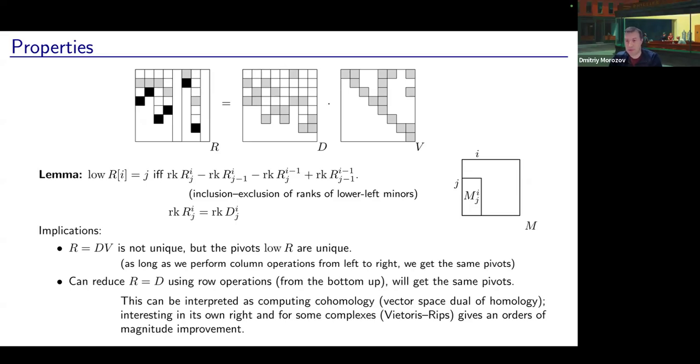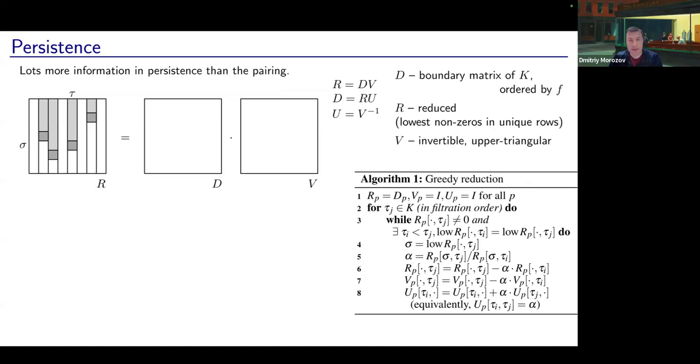Okay, let me move on to the next slide. So the information that this computes, R equals DV or equivalently D equals RU, is actually useful in various algorithms. If you see me talk about this topological optimization work, it relies on information that you can extract from these matrices V and U. Maybe the easiest is to just show one picture. So I have this column matrix R that is reduced. Sigma is the pivot in the column of tau. This represents exactly the fact that a one-cycle created by this edge sigma is going to be destroyed by this mountain cap, which will be added when we add tau.